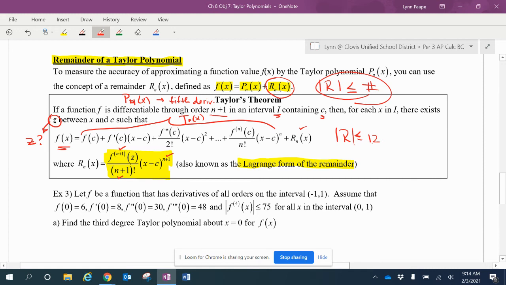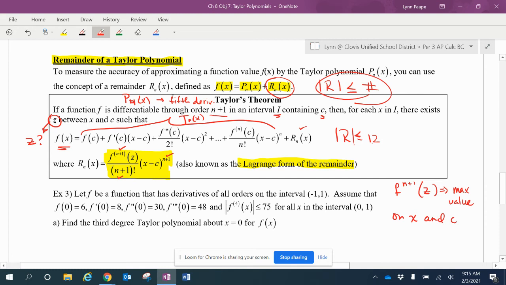And so the way we want to look at this, okay, is that the f of n plus 1 value here, we're really just looking for a maximum value, like an upper bound for what it could be. Okay, so we're looking for what is the largest that the derivative could possibly be on the interval between x and c.